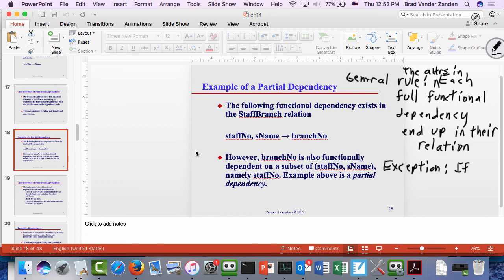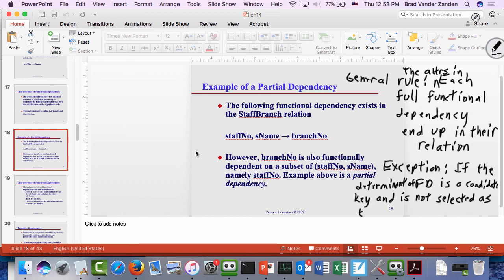So if, I'm going to abbreviate as FD, if the functional dependency represents, if the left hand side, the determinant of the FD is a candidate key, and is not selected as the primary key, it might not end up in its own relation.